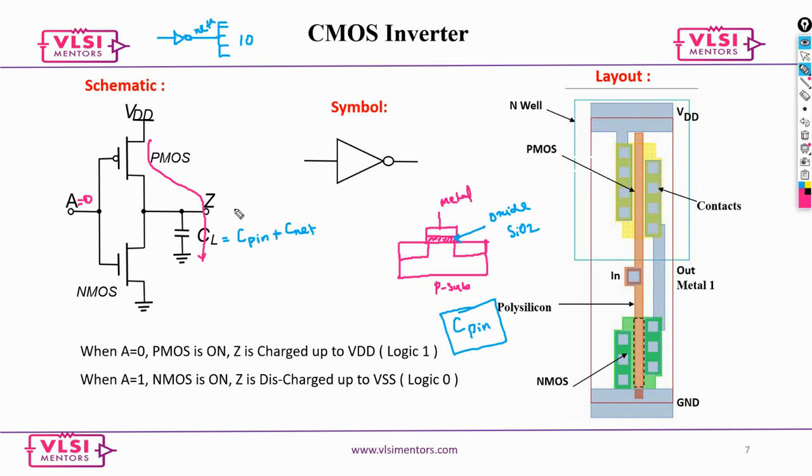Basically, it is the semiconductor cap across the drain of PMOS and NMOS. It is basically the gate cap, the pin capacitance. This is the pin capacitance that you would be able to charge. This is the terminal that would be charged to VDD or VSS, or 1 or 0. Your pin capacitance basically depends on the number of fan outs.